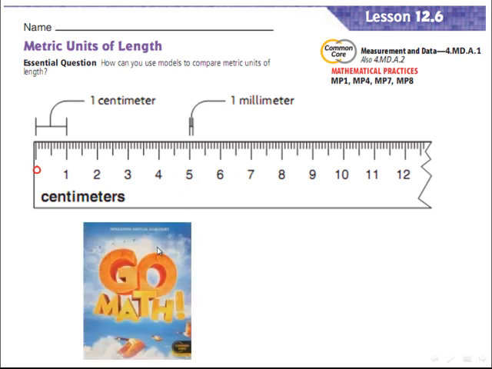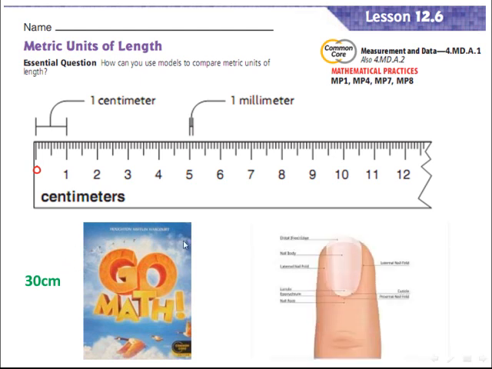Alright. So, could you tell me, how tall is your math book? Exactly, if you try to measure it by using your ruler, you will find it 30 centimeters. Could you tell me, how tall is your fingernail? You will use your ruler to know, and you will find it maybe 2 millimeters.